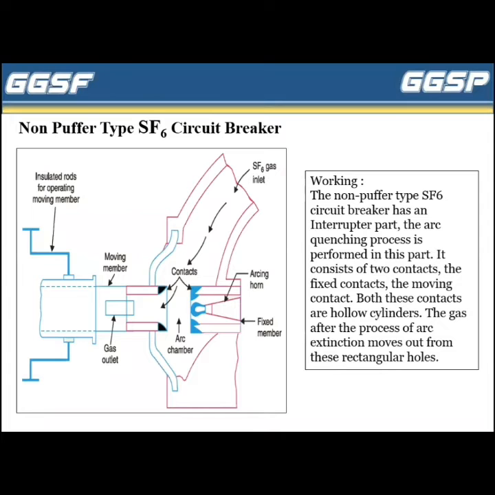The non-puffer type SF6 circuit breaker has an interrupter part. The arc quenching process is performed in this part. It consists of two contacts, the fixed contact and the moving contact. Both these contacts are hollow cylinders. The gas after the process of arc extinction moves out from these rectangular holes.